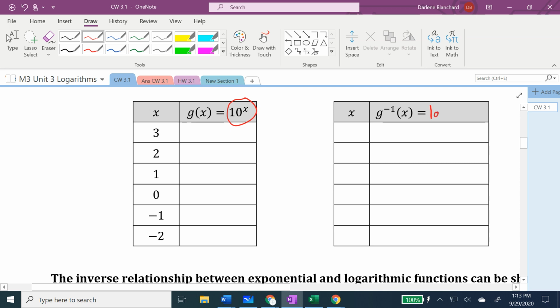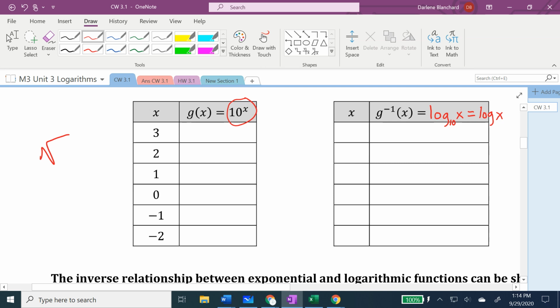So log base 10 is such a common logarithm that we don't write the base. Know that if you see a logarithm with no base written, that's like seeing a root with no 2 written.